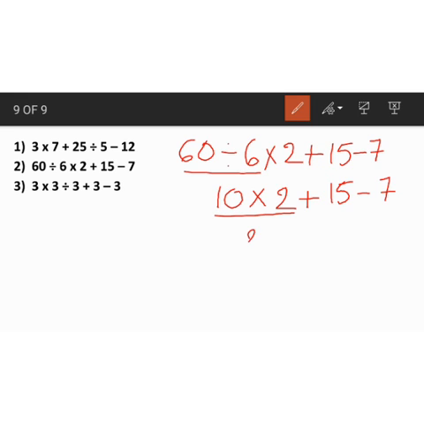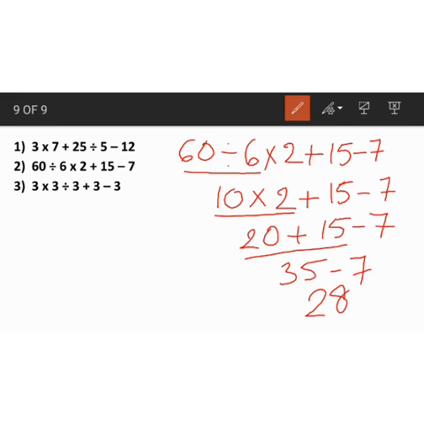This will be 20 plus 15 minus 7. Now we have to do the addition. So 20 plus 15, it will be 35 minus 7. 35 minus 7, it is 28. So we got the answer as 28.